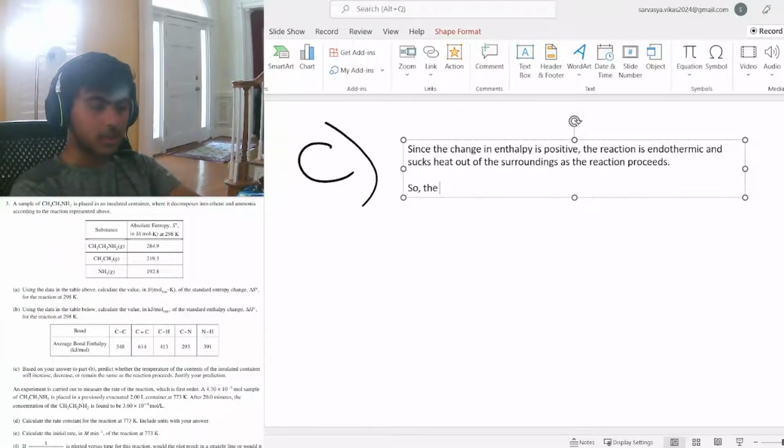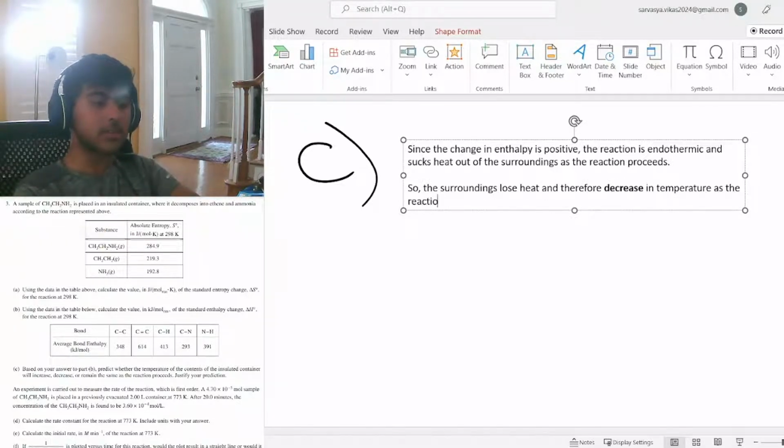So the surroundings lose heat and therefore decrease in temperature as the reaction proceeds. And our answer is that the temperature is going to decrease. Let's keep going to the next part.